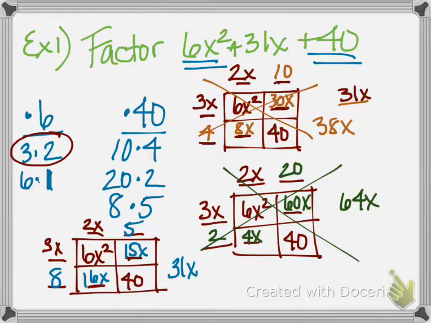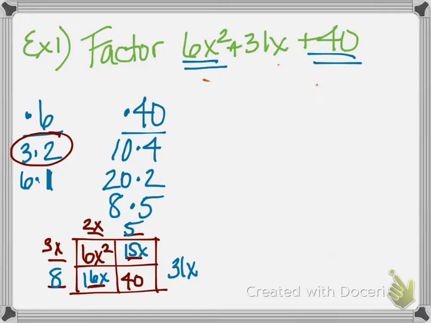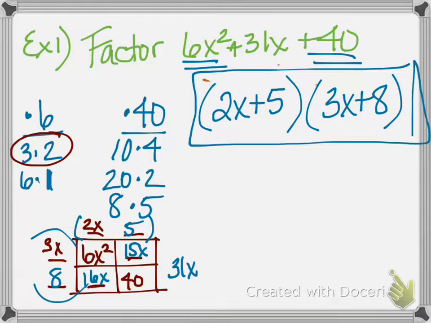So here I have, let me erase these other ones, get them out of the way for a minute. Here I have my answer: 2x plus 5 and 3x plus 8. And that is the factored form of 6x squared plus 31x plus 40.